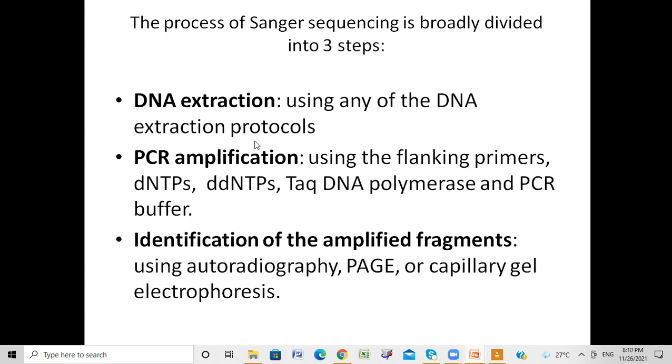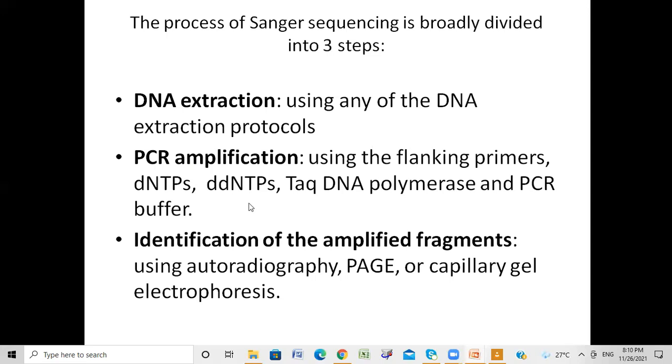So for the PCR amplification we usually need the primers and dNTPs, that is the deoxynucleotide triphosphates. But in case of Sanger, we have an additional component, that is the ddNTP, the dideoxynucleotide. When the ddNTP goes in and is added in place of the dNTP, the chain is going to be terminated.